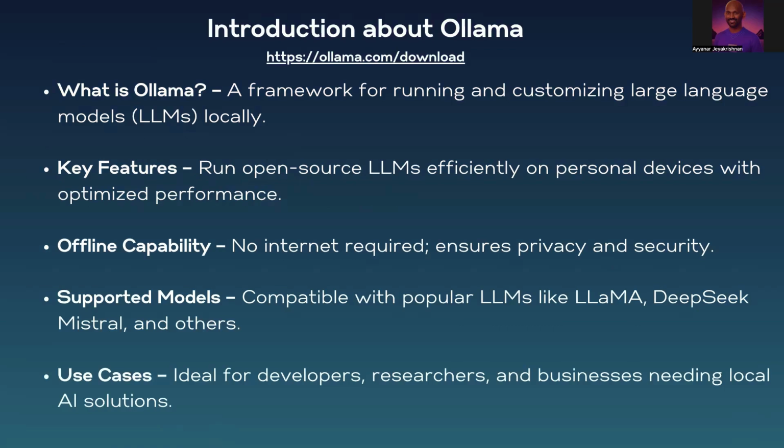What is Ollama? It is a framework for running a large language model locally. You install it locally, and from there you can pull the model, like how we do a git pull: ollama pull model. And from then, you no need to connect to the internet. There are no APIs to be called, so you can access your model locally. You don't need to worry about paying for API costs or anything.